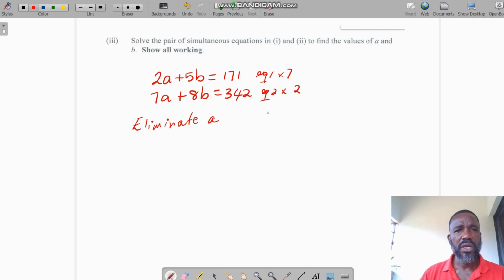So let's go. We're starting with equation 1. We're going to say 7 times 2a will give us 14a, plus 7 times 5 will give us 35b, equal to 7 times 171. 7 times 7 is 49, so we have 9 and carry the 4. 7 times 1 is 7, and 7 and 4 will give you 11.